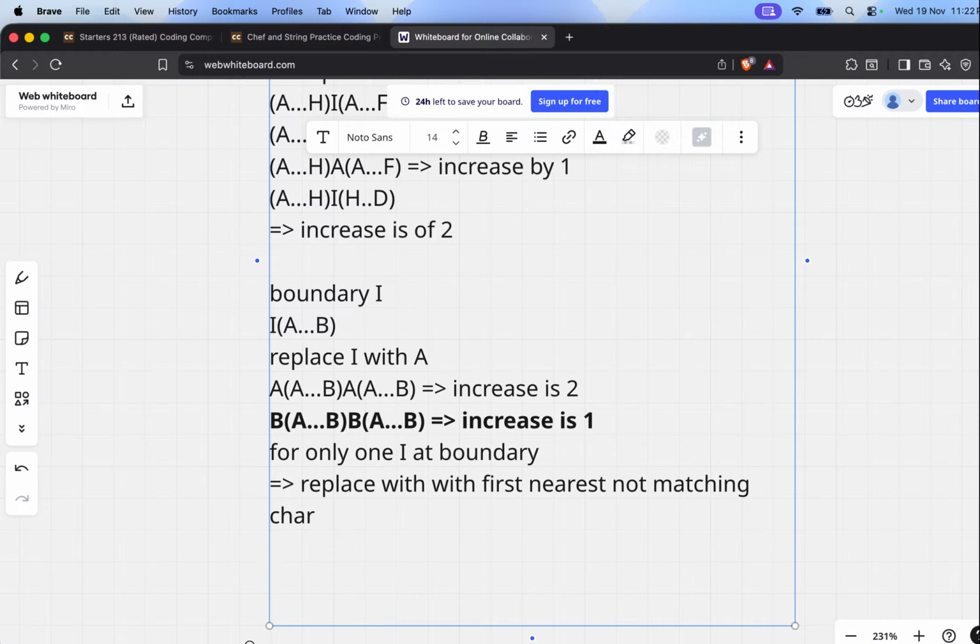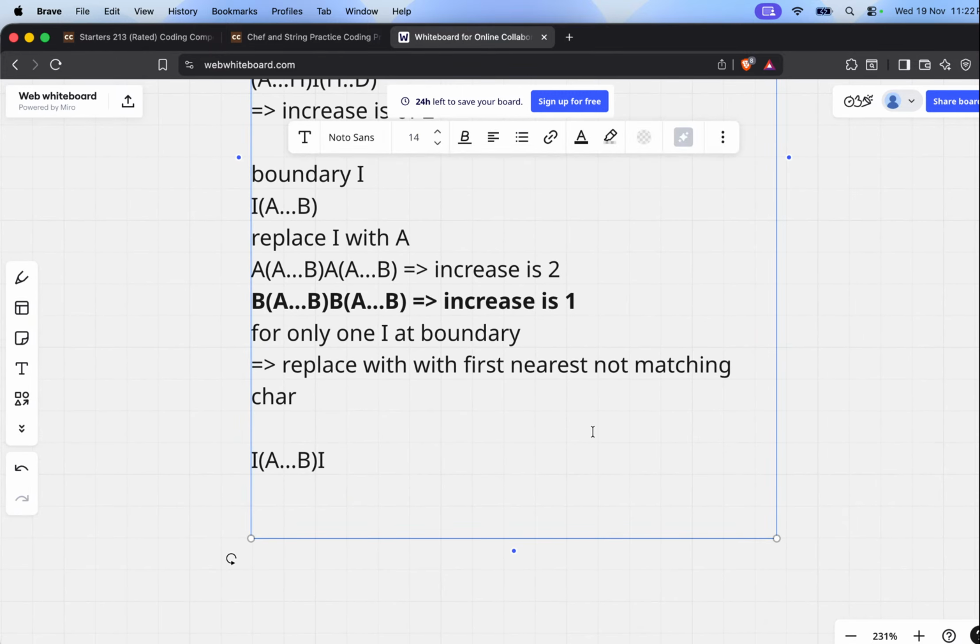Okay. Now what about when there are two I's at the boundary, which we stated initially? Let's say there was an I again.